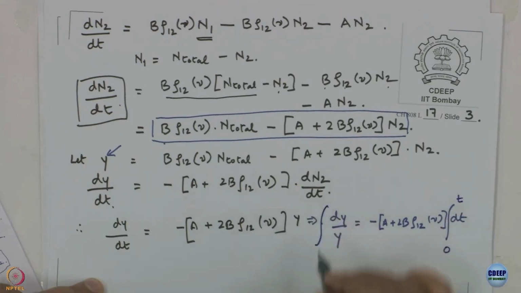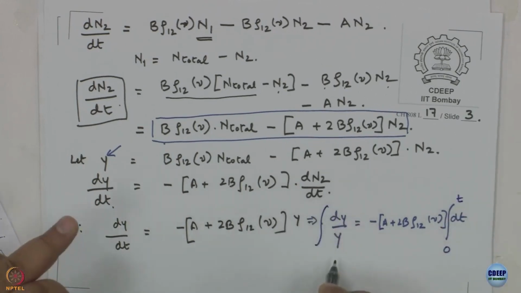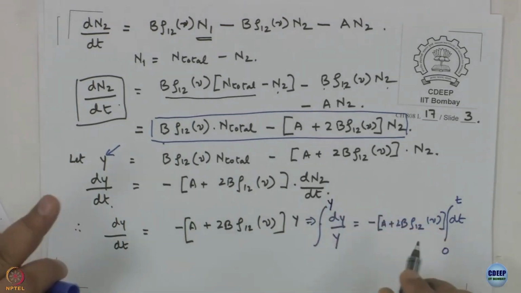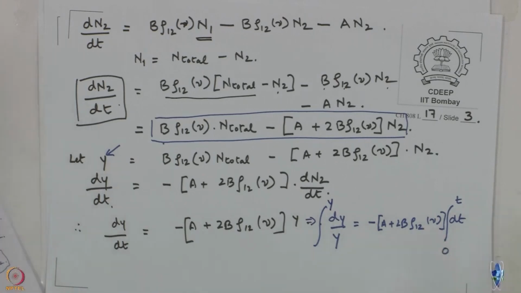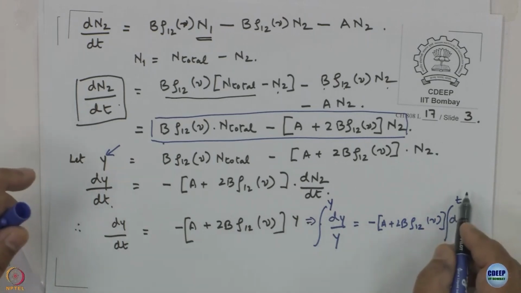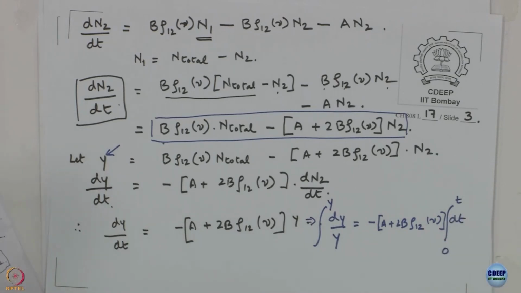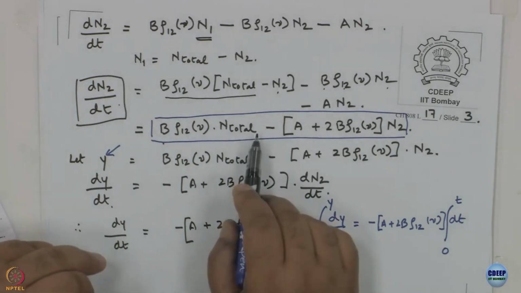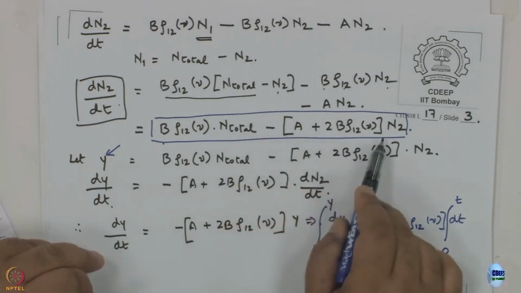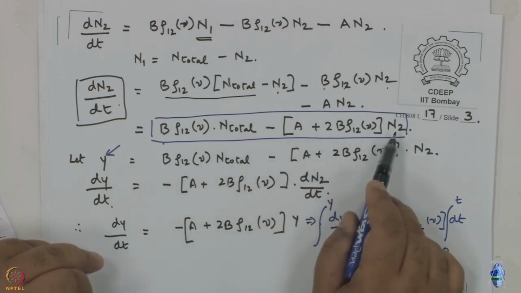Left hand side is also quite simple, it is going to be ln y, but we cannot forget what y is. Upper limit is y, I will just write y for the upper limit. If you want, you can write y dash, it does not matter, then you have to write t dash here. What is the lower limit? What is the value of y when t equal to 0? Go back to the definition of y. At t equal to 0, the second term is 0, because N2 is 0, right.